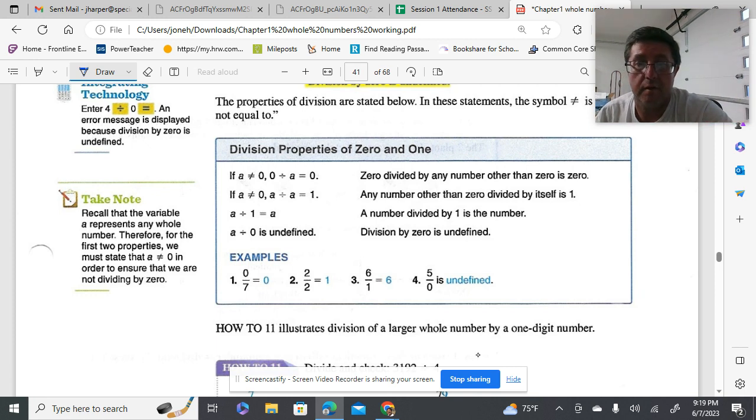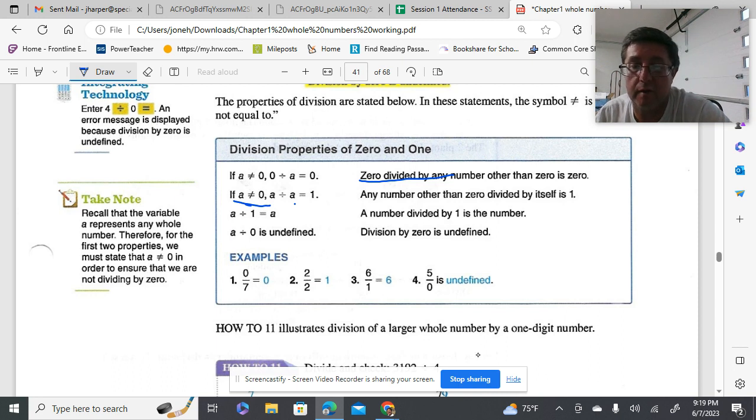This means it's going to be 0, since you cannot divide 0 up into pieces. Now, if a doesn't equal 0, a divided by a is 1, because you can't say 0 divided by 0.